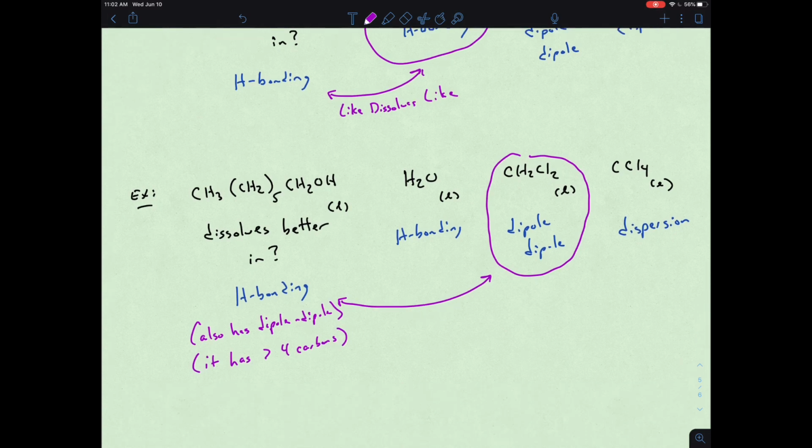Really, because of the 4 carbon motif, we lose our water solubility. And so we would pick then a molecule that supports the dipole-dipole forces of attraction. And so we see greater solubility there.